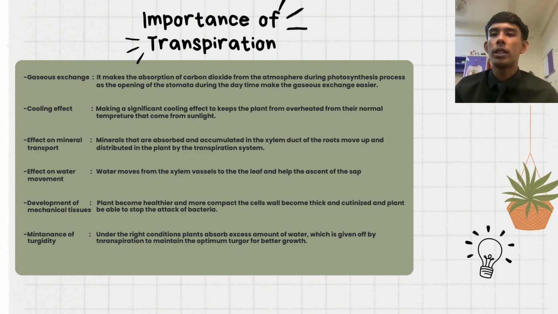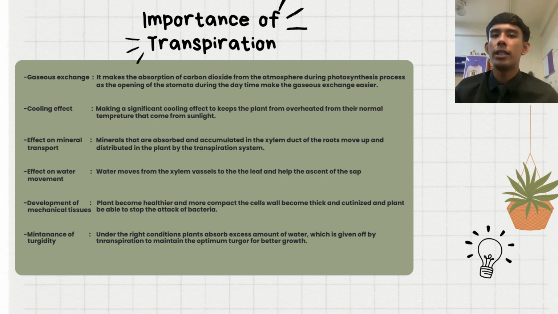Effect on water movement: water moves from the xylem vessels to the leaves and helps the ascent of the sap. Development of mechanical tissues: plants become healthier and more compact. The cell walls become thick and chitinized, so the plant is able to stop the attack of bacteria.